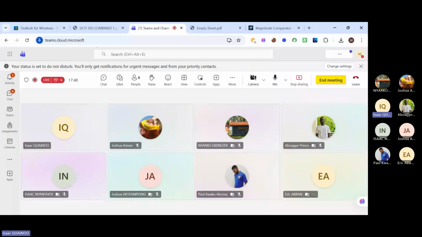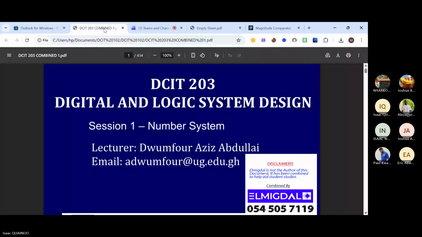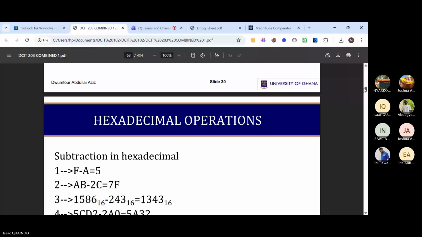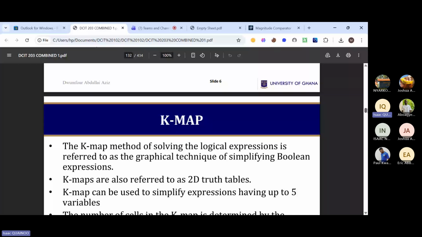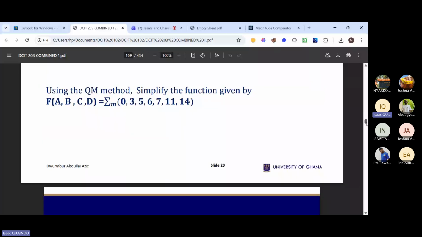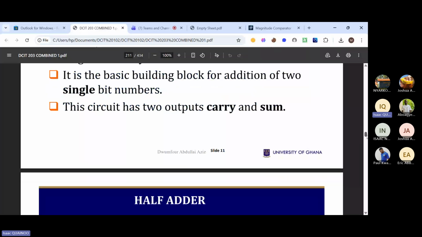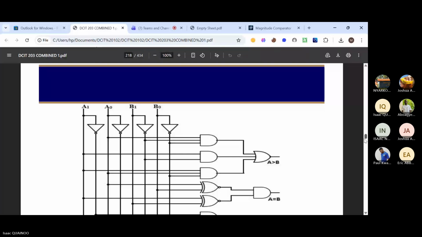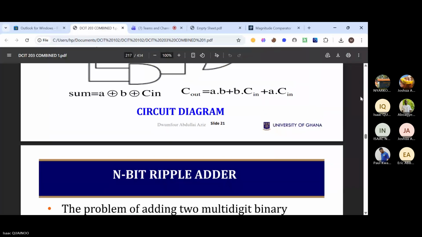All right, let's talk about some of the most important points under magnitude comparators.